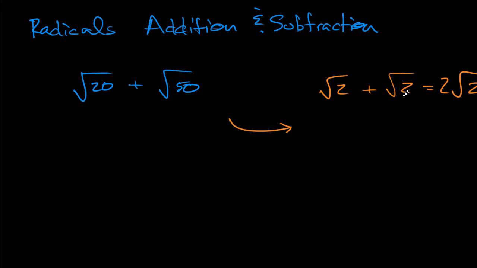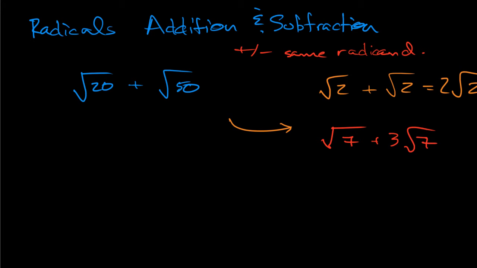So when we add square roots, we can only add them if they have the same radicand. So you can only add or subtract square roots with the same radicand. That means I could add the square root of 7 plus 3 times the square root of 7.